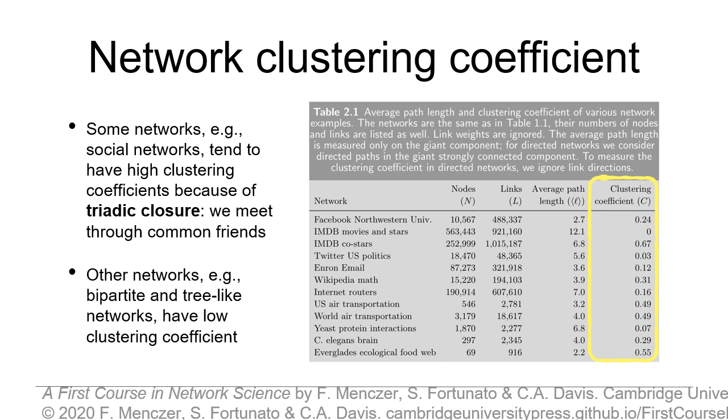In these example networks, some have a very high clustering coefficient like this one, but some have a very low clustering coefficient like this one. That means they are very different network structures.